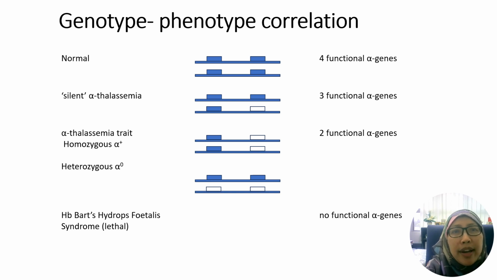Compound heterozygotes or homozygotes expressing moderate to severe hemolytic anemia are known as HbH disease. The most severe form of alpha thalassemia is a condition where there is no expression of alpha genes, called hemoglobin Bart's hydrops fetalis syndrome.